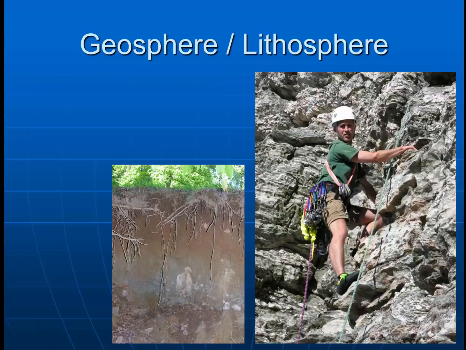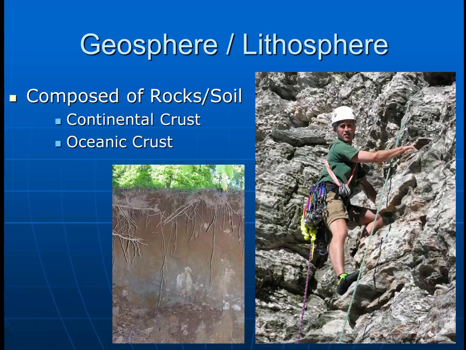The geosphere, or sometimes referred to the lithosphere, is all of the rocks and soil on the planet, the most common materials that make up the hard part of planet Earth. Of the rocks, it's worth noting there are two basic different types of crustal rocks.